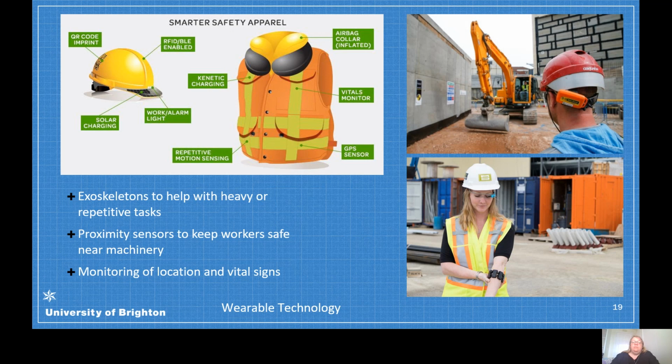Also, something that's becoming very useful for health and safety are proximity sensors. So if you can see the top picture here in the top corner, you can see this orange unit on the back of the hard hat. This is something that will alert the wearer to the proximity of large vehicles.